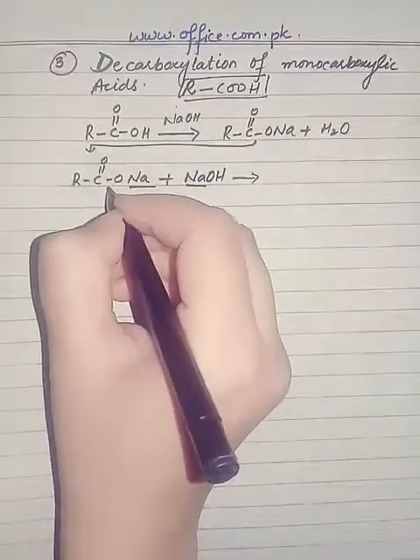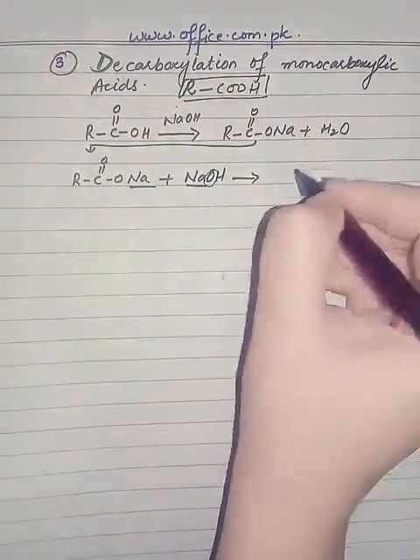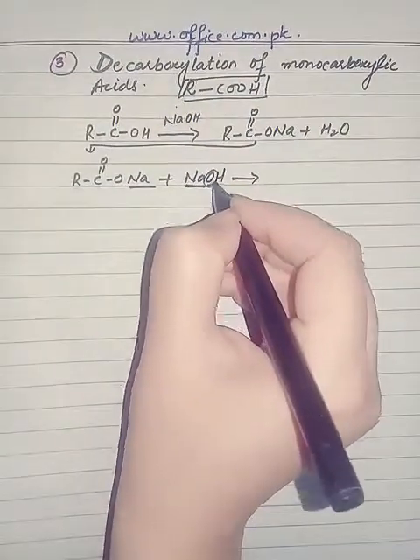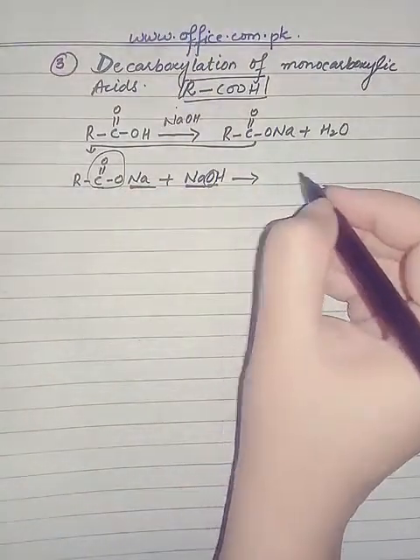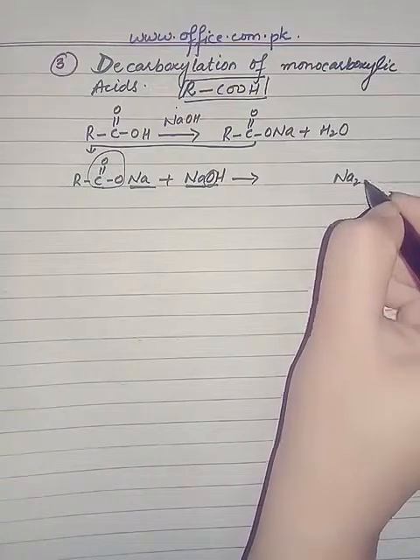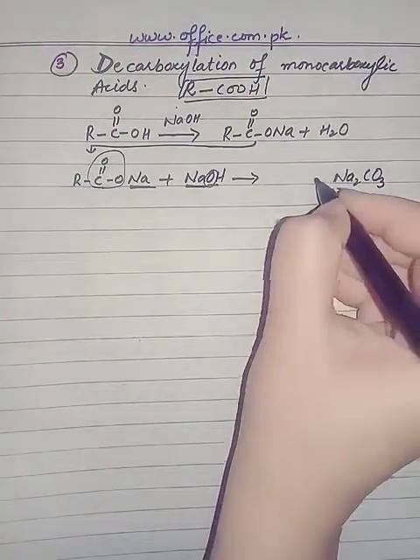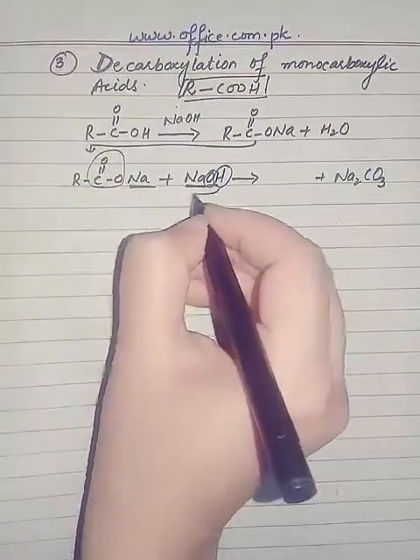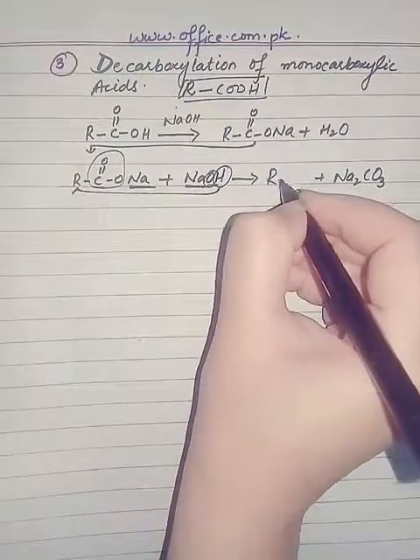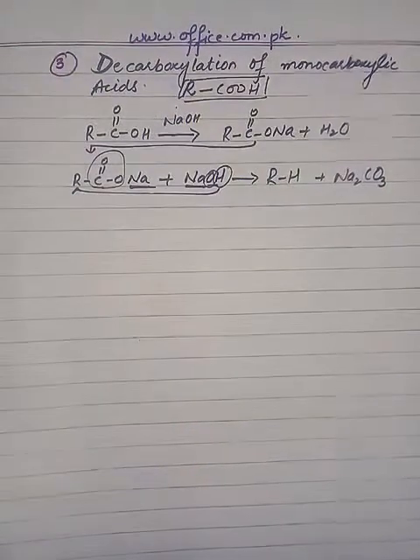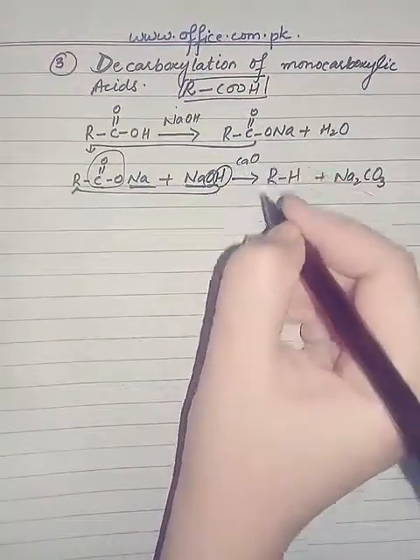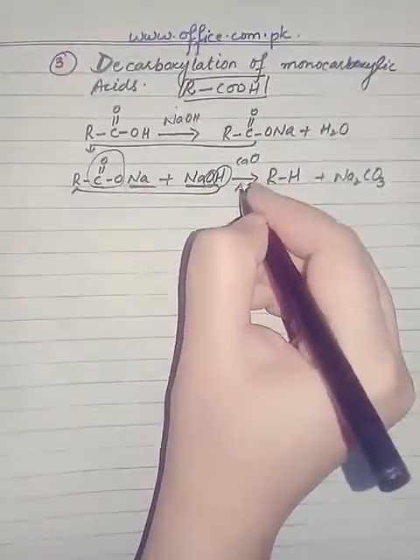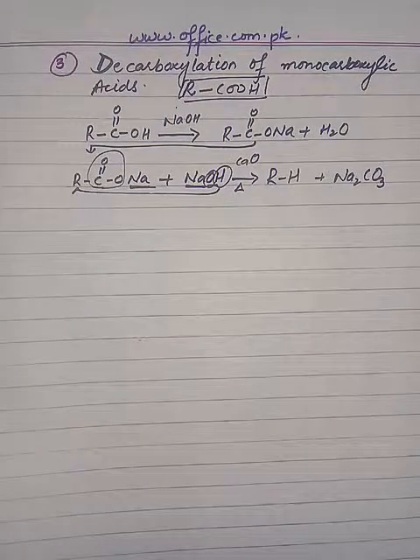This will take this oxygen, sodium, oxygen, sodium, and this whole group will become sodium carbonate, and the rest that remains will be H and the alkyl group, which will become alkane. The catalyst in the reaction is calcium oxide, and a high temperature is required for the reaction to proceed.